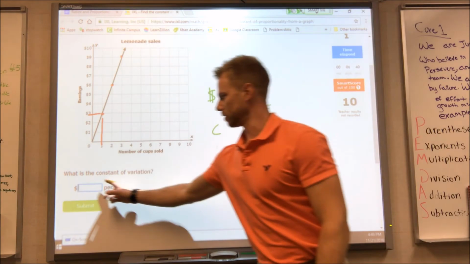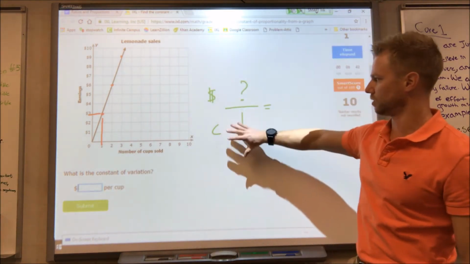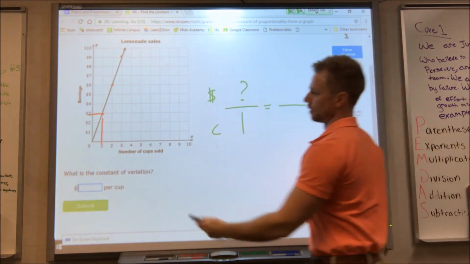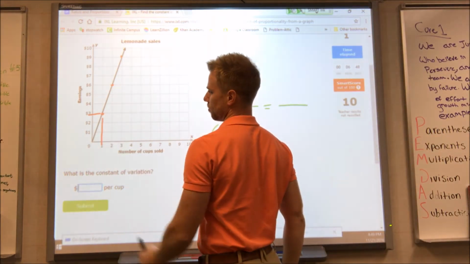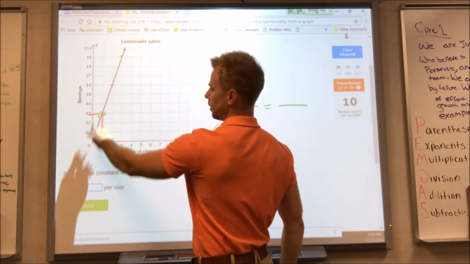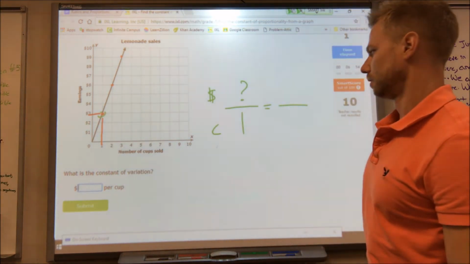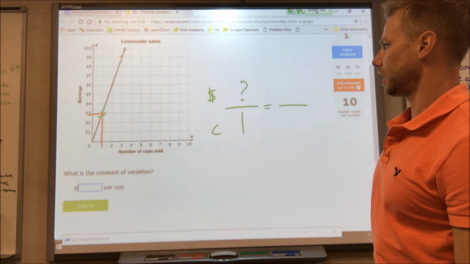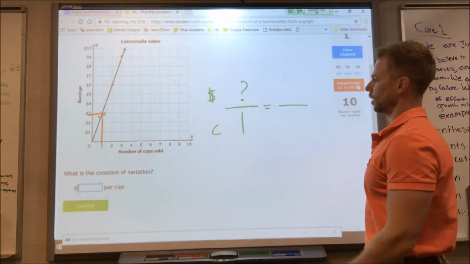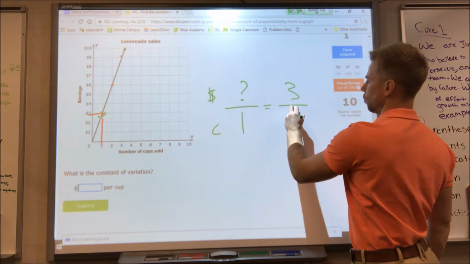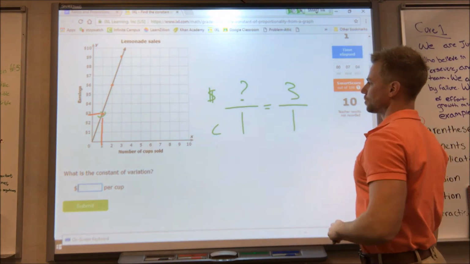Okay, so just this information right here actually sets up half of my proportion for me. Now on the other side, I can fill in the numbers that give me this point of intersection, which is $3 for 1 cup. So 3 goes on the top with the money, 1 goes on the bottom with cups.